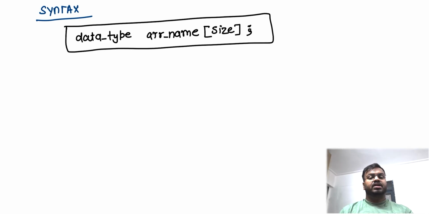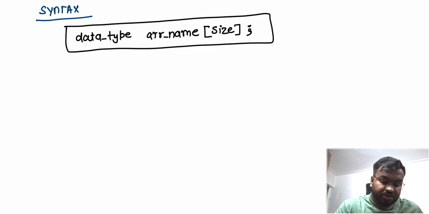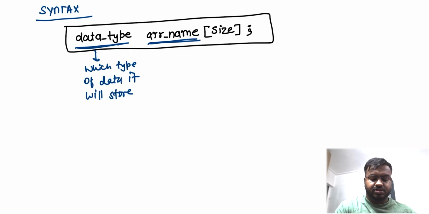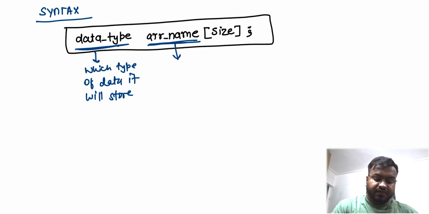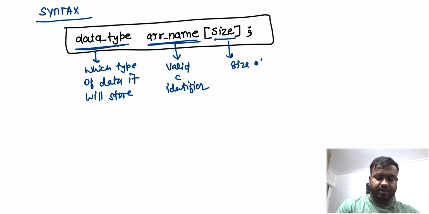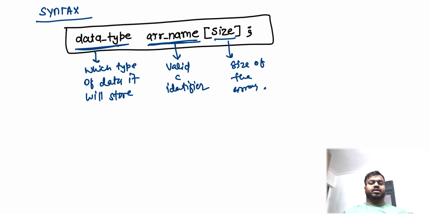First, data type means which type of data this will store. This is the array name. It can be any valid C identifier, which means you will have to follow the naming rules, and then here you define the size of the array. In this way we declare an array.